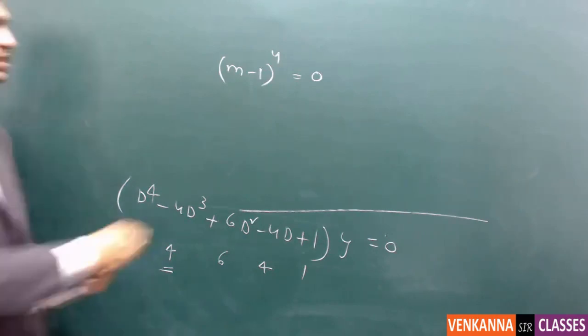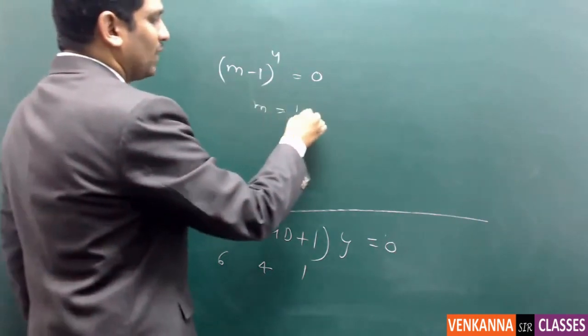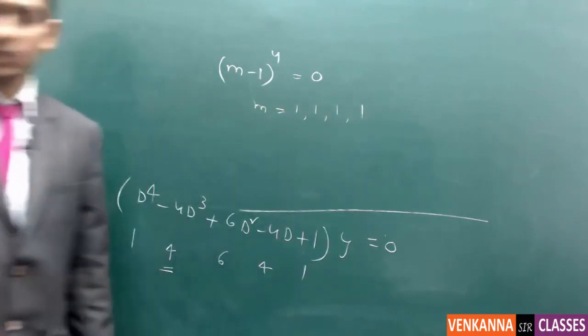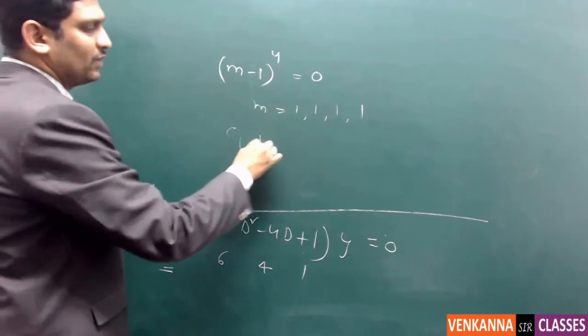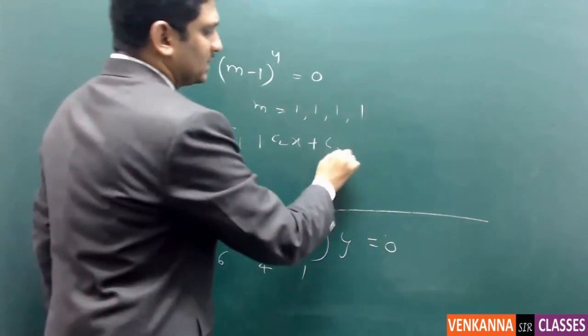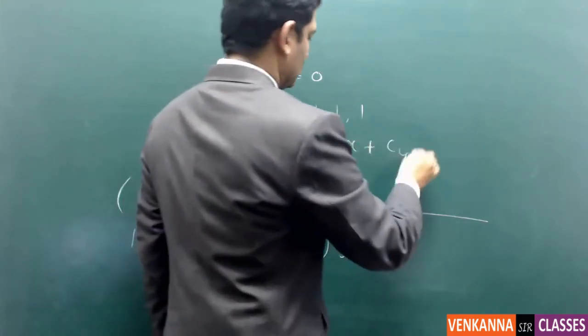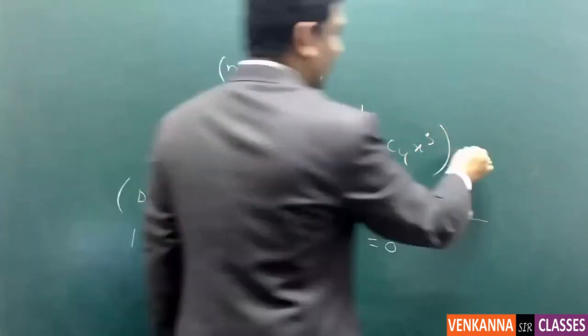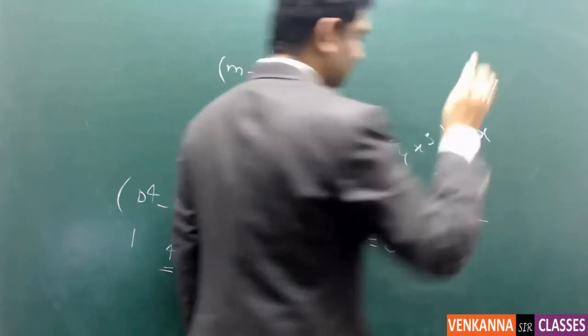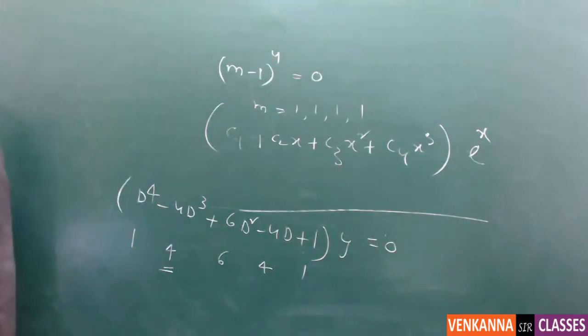So m is equal to 1, 1, 1, 1. The final solution is (c1 plus c2 x plus c3 x squared plus c4 x cubed) times e power x. That is the solution.